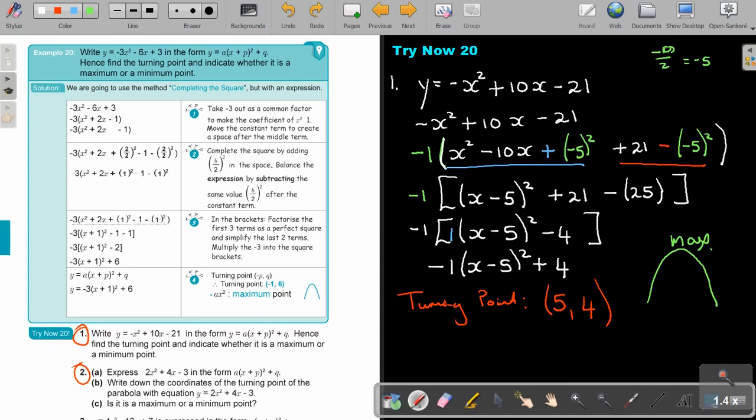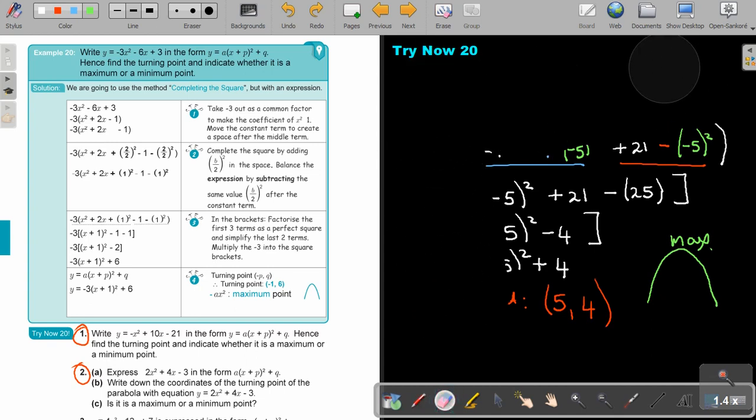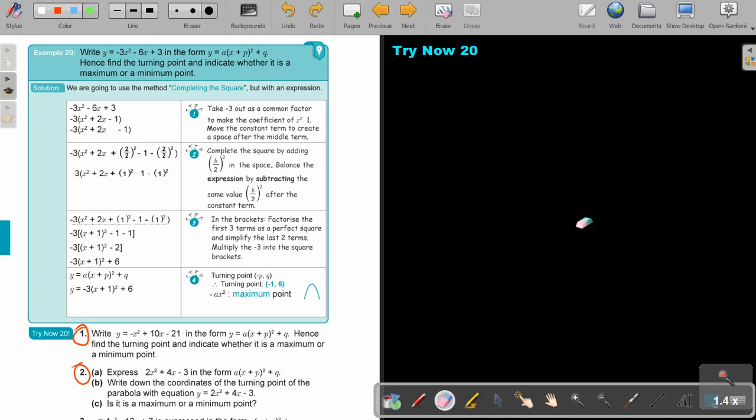Okay, let's do the last one. Okay, number 2. Express this in the form, oh, they were nice, they first gave you the expression.